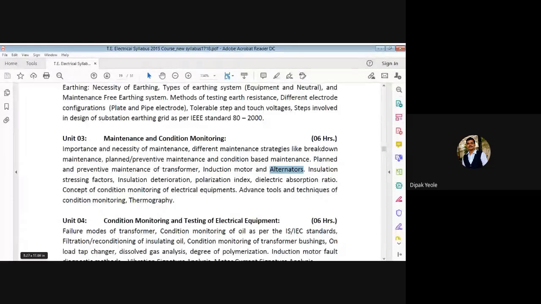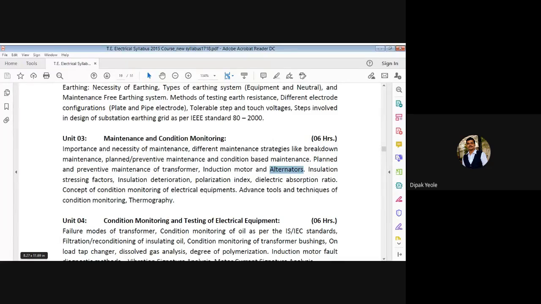Synchronous generator is nothing but the alternator, and we use the synchronous generator or alternator at generating stations. Why do we use these in generating stations? Because we have to produce AC power, or alternating current.